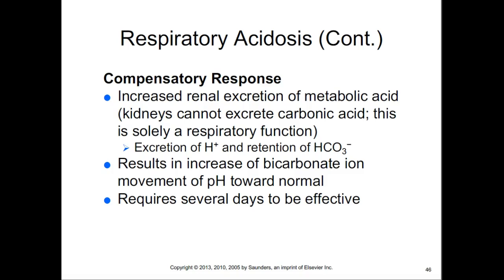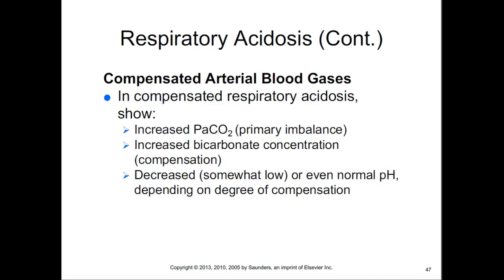So they excrete hydrogen ion and retain bicarbonate. This results in an increase of bicarbonate ion, and that helps move the pH toward normal. But again, the renal response needs several days to be effective.